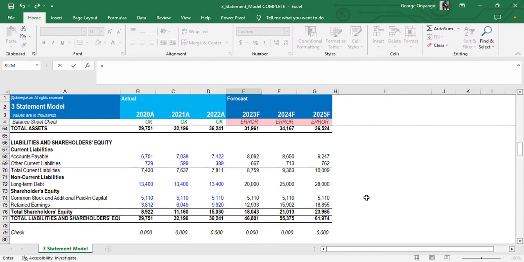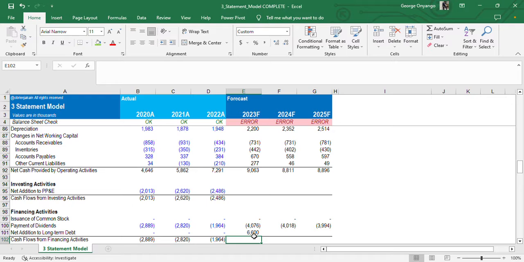Then the net addition to long-term debt. From the information we have, we are told that in the year 2022 the debt was 13,400 and now it has increased to 20,000. So we are going to get that difference to get the net addition to long-term debt. It was not paid, but actually they added more.